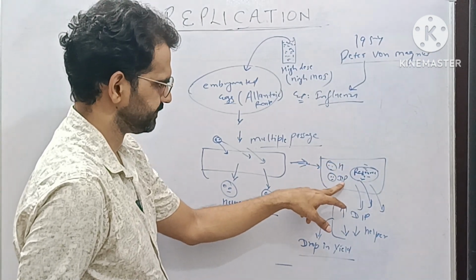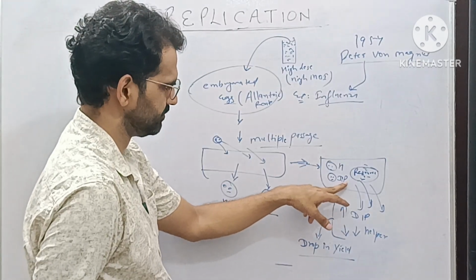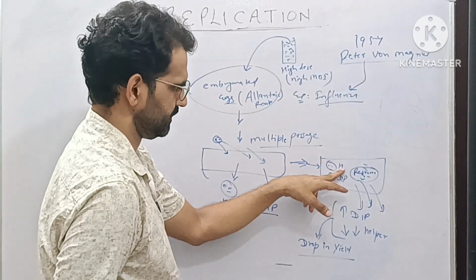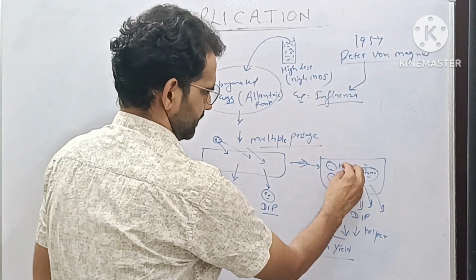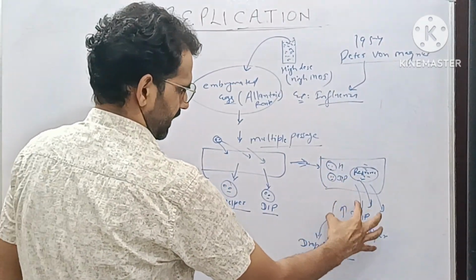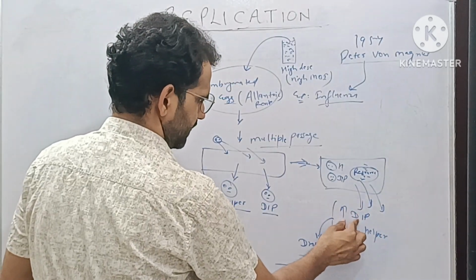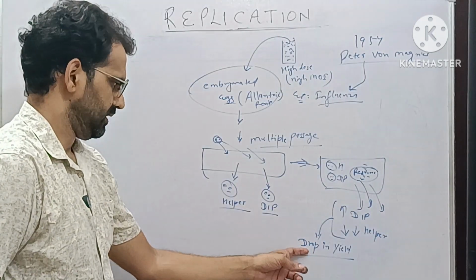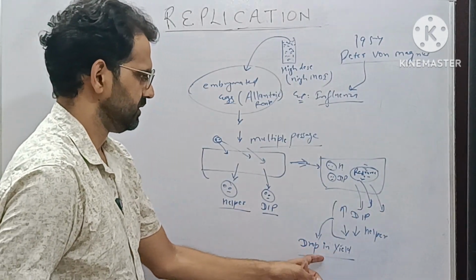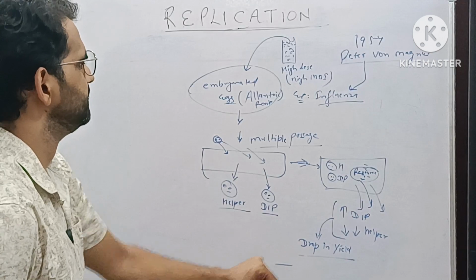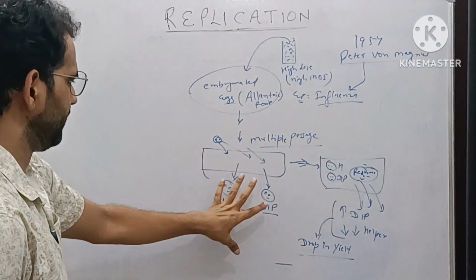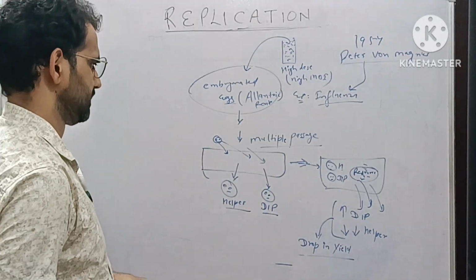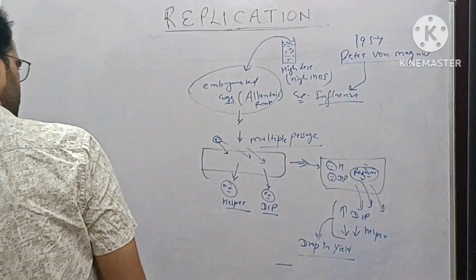Defective virus lacks some machinery, some genome, and takes the help of the normal virus, and both utilize resources. The end result is more defective particles, less helper or infectious particles, and this is known as drop in yield of the infectious particle. So why are helpers formed, why are DIPs formed, we will discuss now.